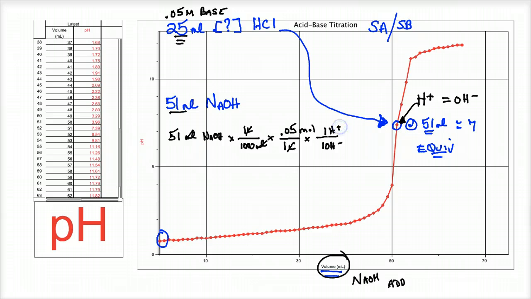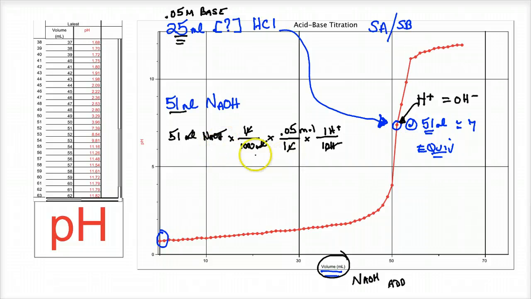Now, Mr. Grotsky, why am I even bothering to do that? I do that because sometimes bases could have 2 hydroxides, and sometimes the acids could be diprotic. So it's just a good way to keep track of H's and OH's. This will always be 1 to 1. What I am assuming is that 1 sodium hydroxide gives me 1 hydroxide.